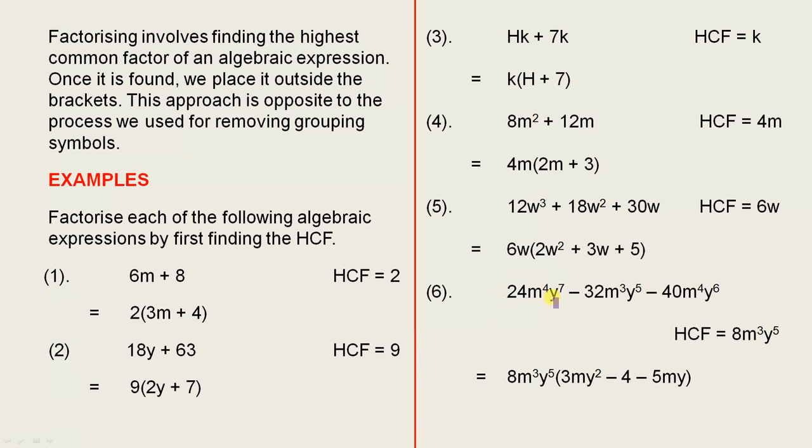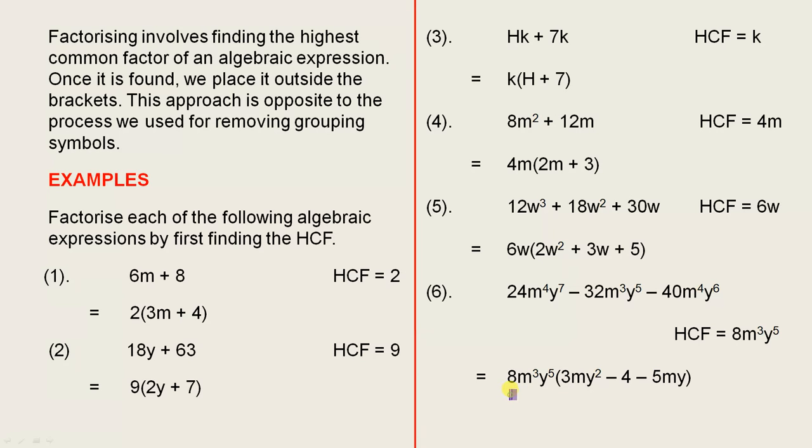And finally, factorising that expression there, it looks very tricky, but if we take our time, the first thing we do is find the HCF of 24, 32 and 40, and that's 8. The HCF of m to the 4th, m cubed and m to the 4th is m cubed. The HCF of y to the 7th, y to the 5th and y to the 6th is y to the 5th.